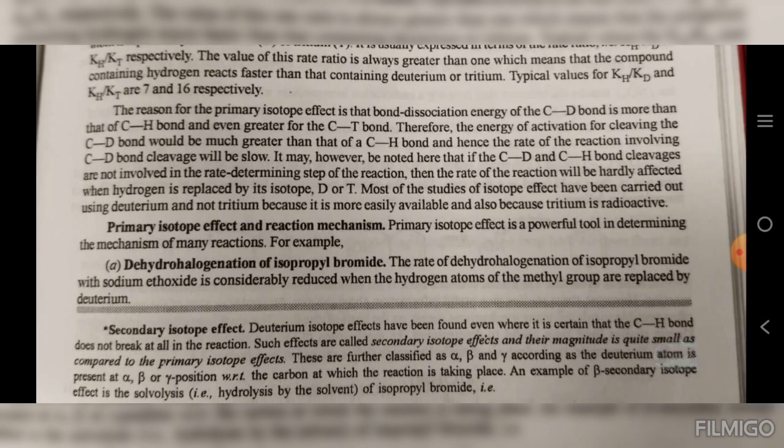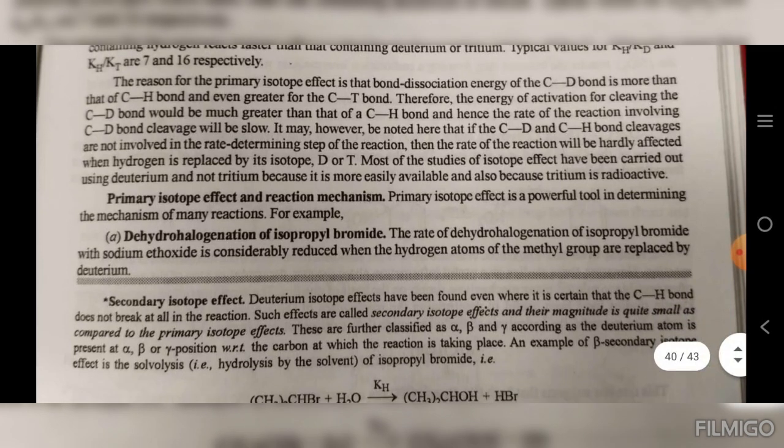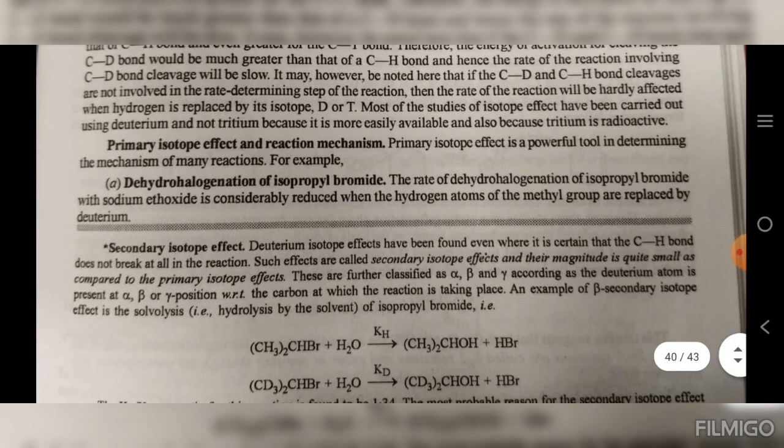Typical values for kH/kD are given. The reason for the primary isotope effect is that the bond dissociation energy of the C-D bond is more than that of the C-H bond, and even greater for the C-T bond. Therefore, the energy of activation for cleaving the C-D bond would be much greater than that of the C-H bond, and hence the rate of the reaction involving C-D bond cleavage will be slow.